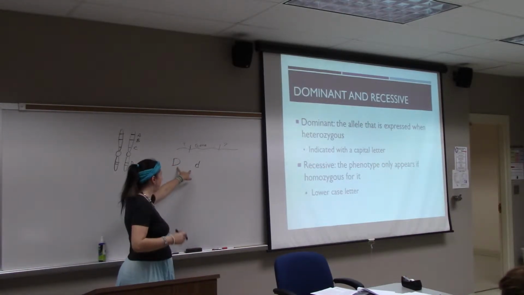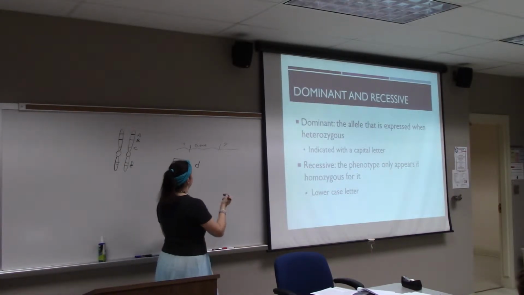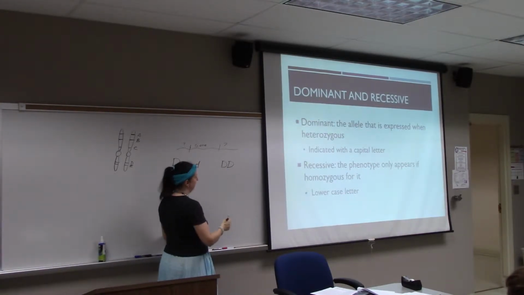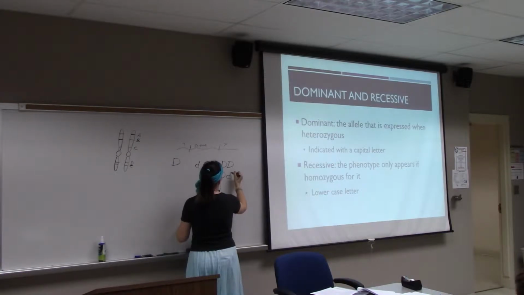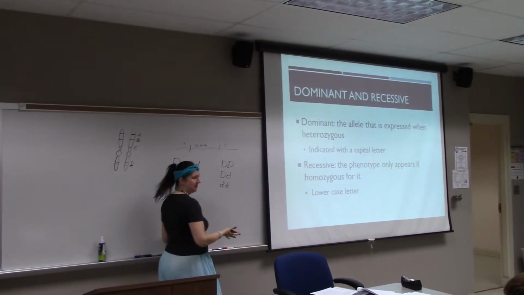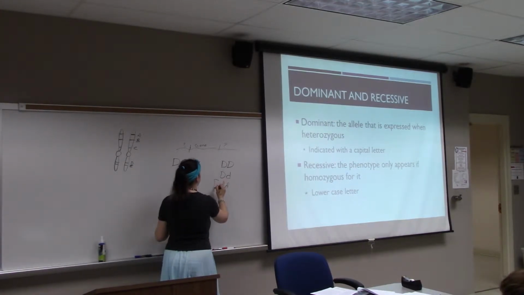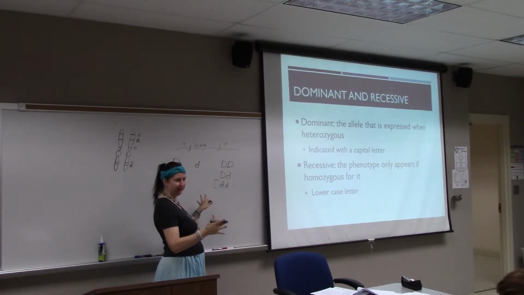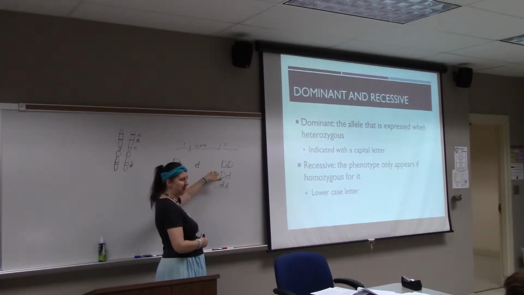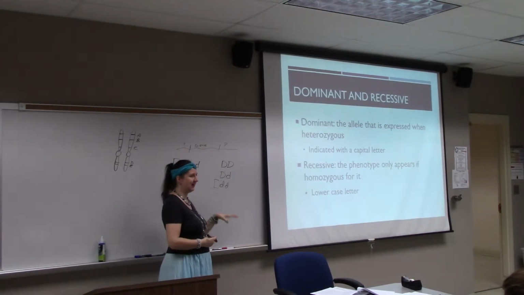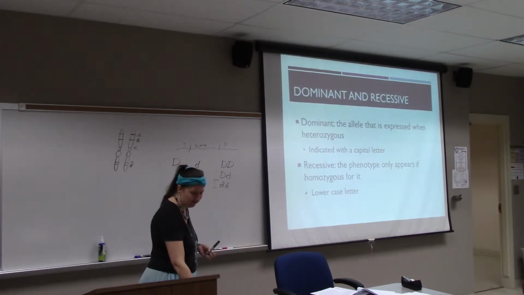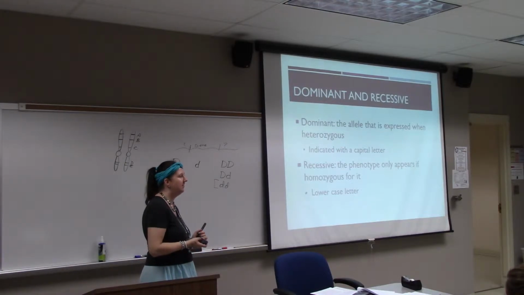So since you have 2, then your possible genotypes are homozygous dominant, heterozygous, and homozygous recessive. So only this one would have the recessive phenotype, because you only need one copy of the dominant allele to get that phenotype. Questions?